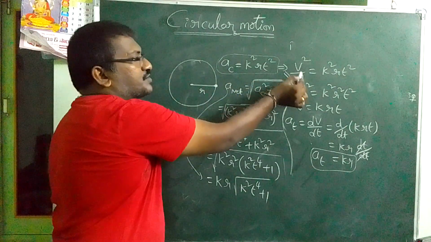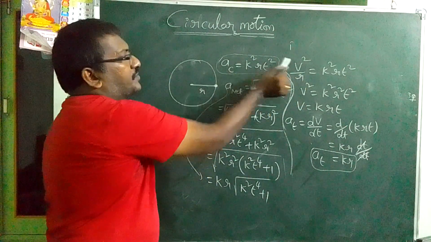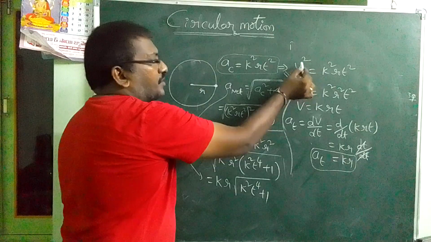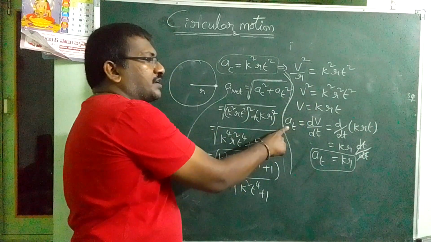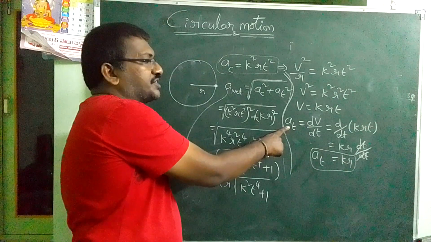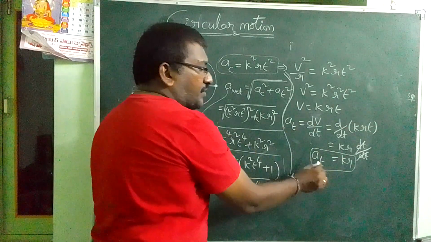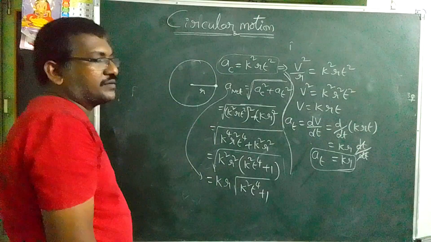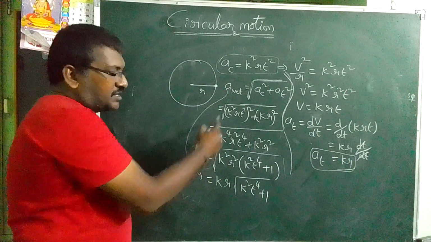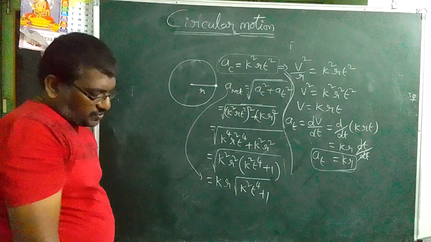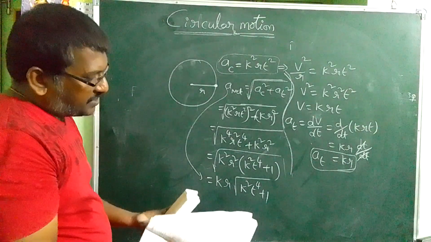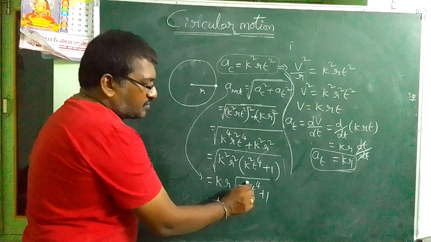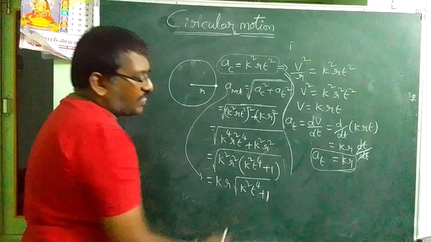AC means we know V square by R. So V square by R equal to this one. From that, you get V. From this V, you can calculate the tangential acceleration, that is AT. So AT equal to k r. Now substitute here, on simplification you get this value. So your answer is the third option: k r root k square t power 4 plus 1.